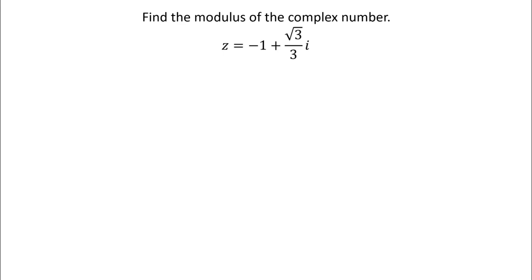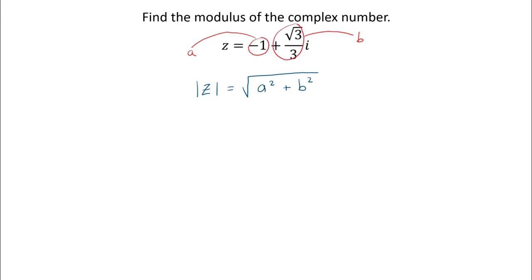Well, I know that the formula for my modulus is the absolute value of z is equal to the square root of a squared plus b squared. In this particular example, we're given that z is equal to -1 plus (square root of 3 over 3)i.